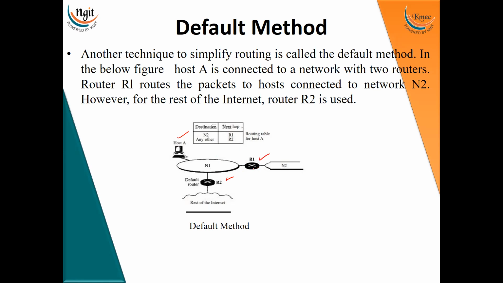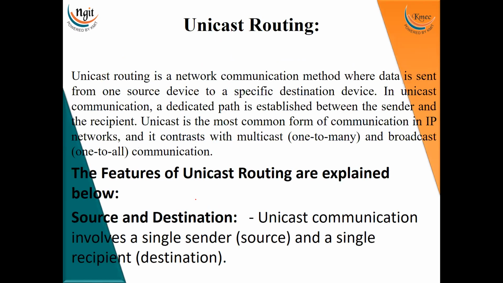Router R1 routes packets to hosts connected to network N2, and R2 leads to the rest of the internet. And what is meant by the unicast method? This is a network communication method where data is sent from one source device to a specific destination device. In unicast, a dedicated path is established between the sender and receiver, and we have communication between the source and destination. All the best. See you in the next session.